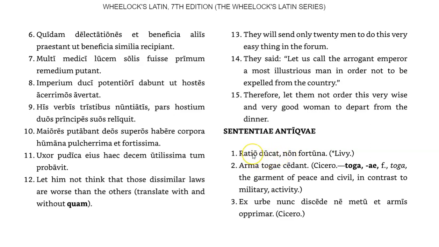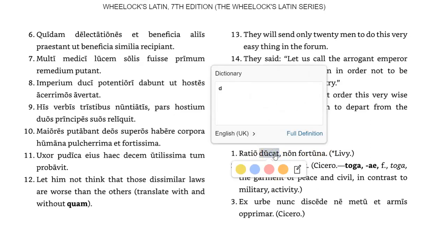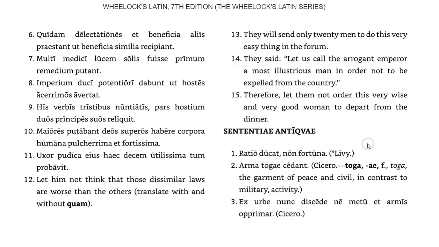You could say, let reason lead, not fortune. That also would work. Or as I just said, let reason, not fortune, lead. And so that one's fairly straightforward.